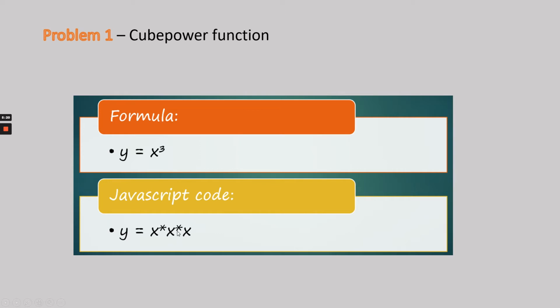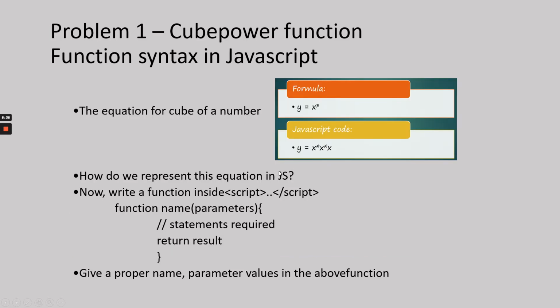So we write y equals x times x times x. So the second one will be our JavaScript code instead of the first mathematical method.